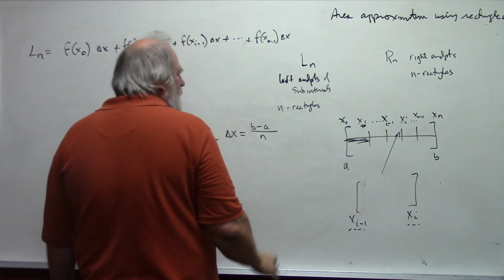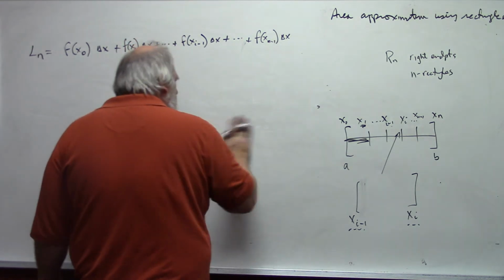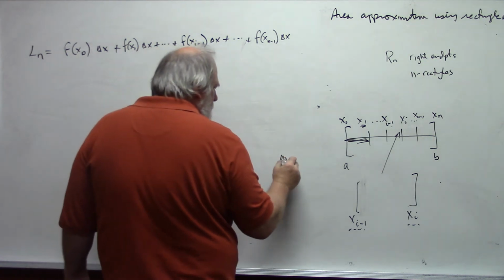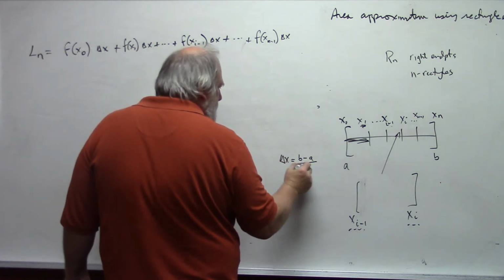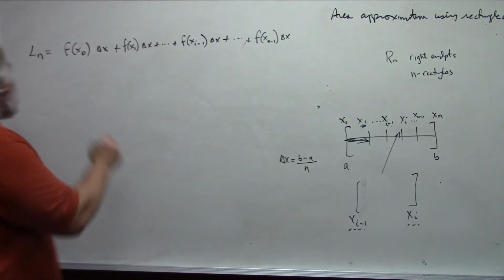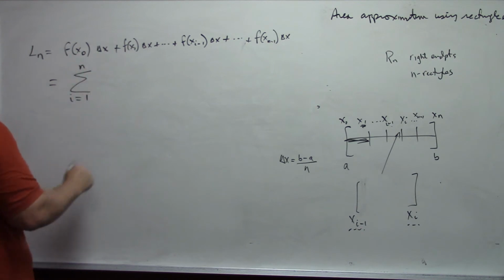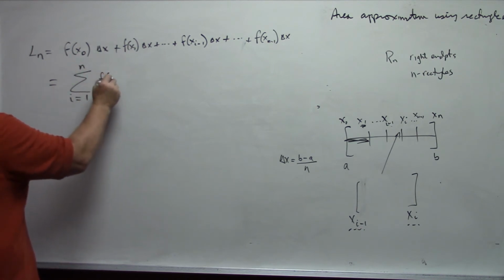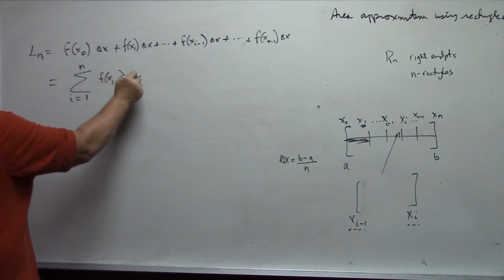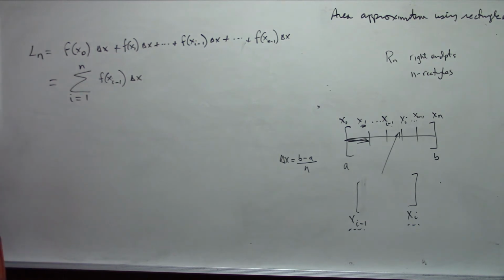Now, this notation is kind of difficult to work with. And so we can write this in what's called summation notation: the sum from i equals 1 to n of f of x sub i minus 1 delta x. This is a loop.